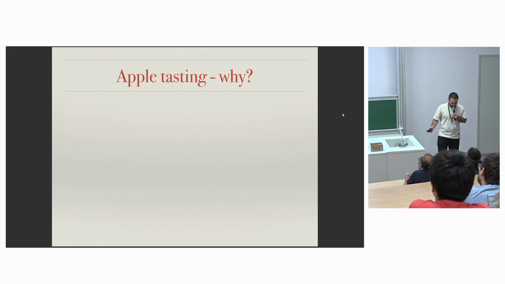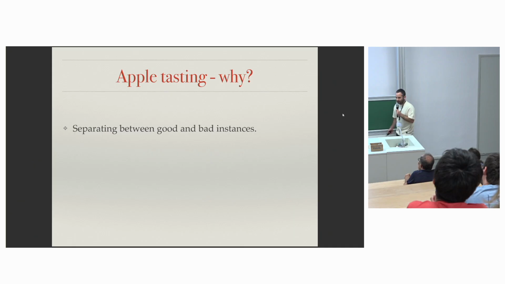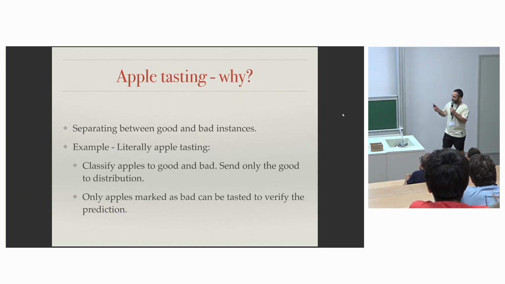Now, why would we care about it? Apple tasting is supposed to simulate scenarios where we want to separate the instances into two types, usually good instances and bad instances, where one of the types for some reason disappears after the prediction and we can't really verify the outcome. There are many such scenarios we can think of, and one example is literally apple tasting.